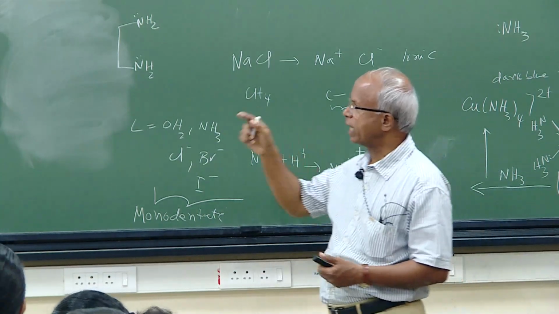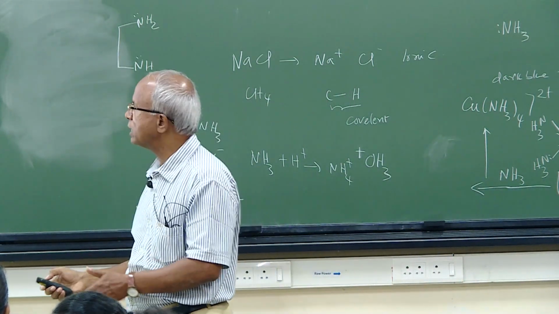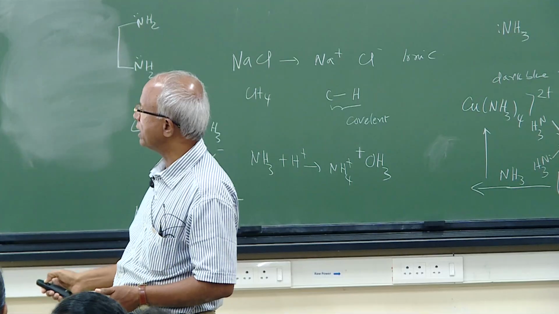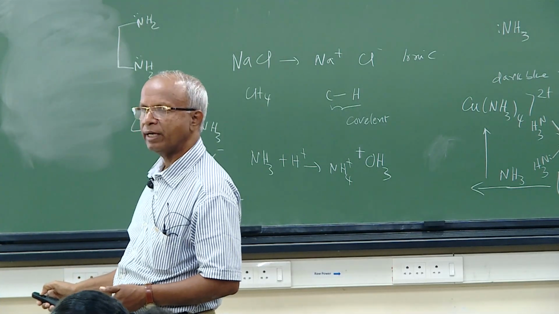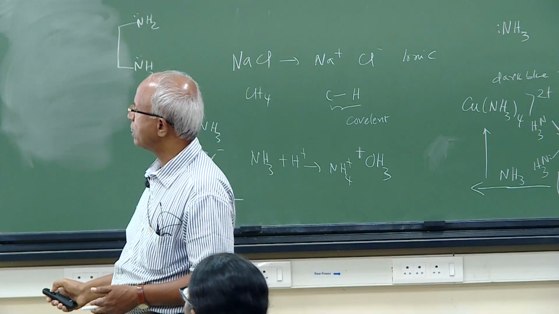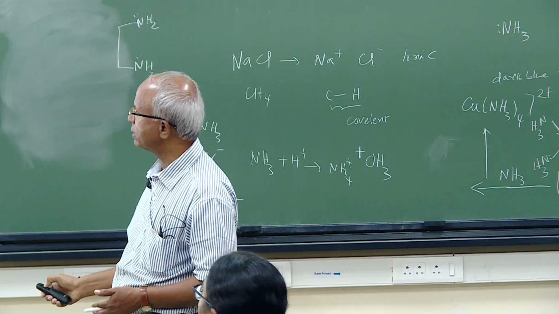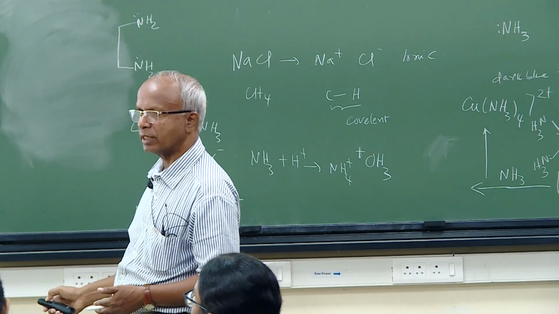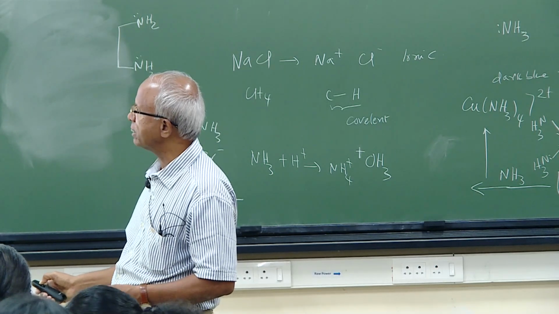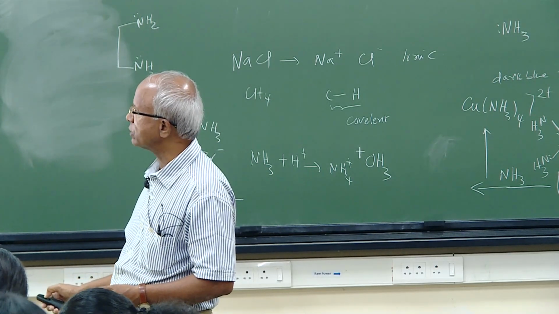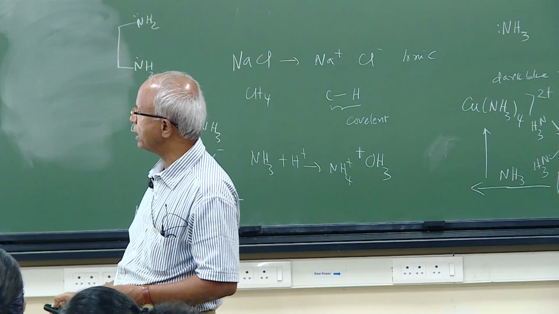So 1 tooth, here. That's why this is called denticity, bonding to the metal through a pair of electrons. If this has an ability to give only 1 pair, this also has an ability to give 1 pair, these are all called monodentate ligands.